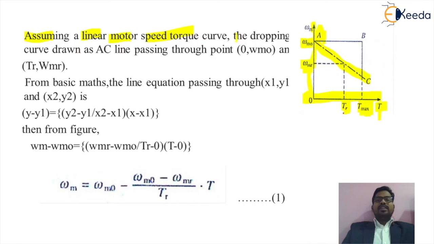Basically, the dropping curve is drawn as the line called AC, passing through various points. The first point is 0 to omega m0, and the second point is Tr to omega mr. So this will be the point.